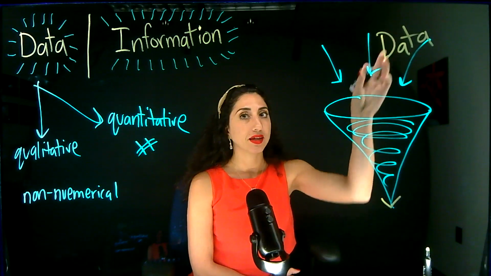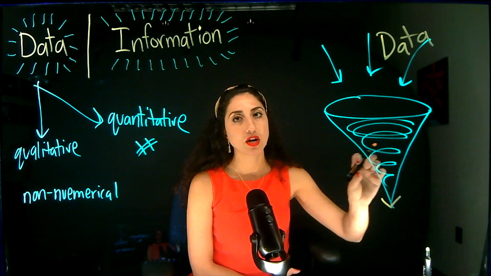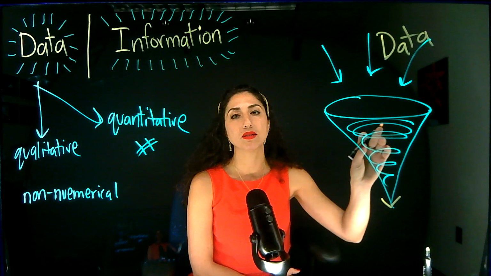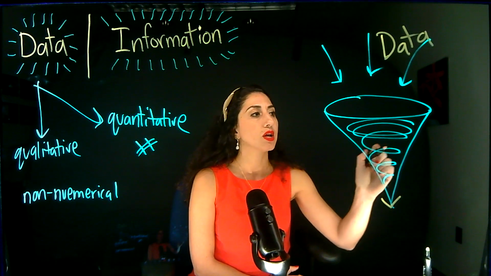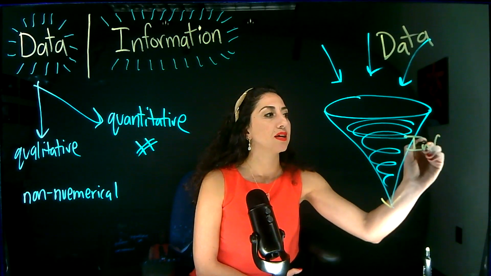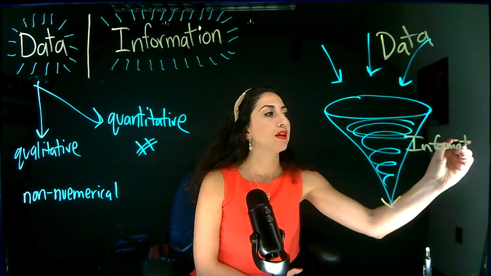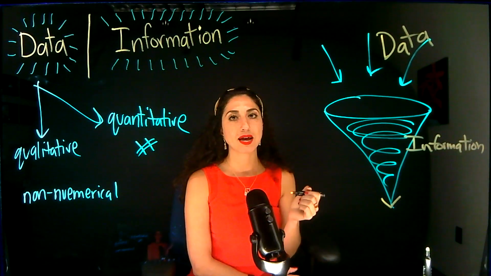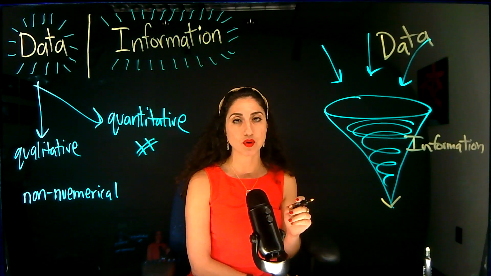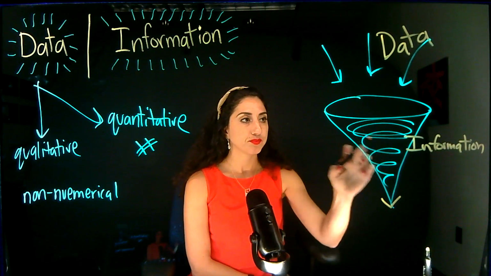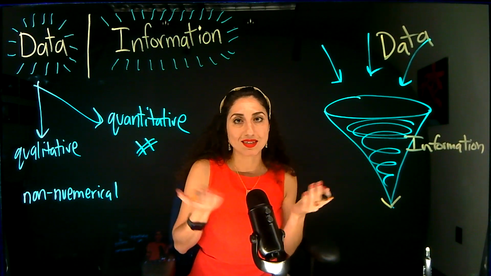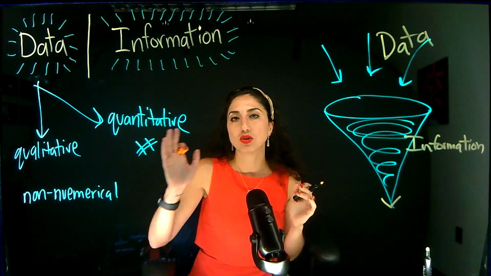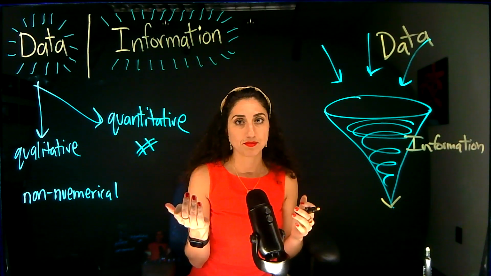The data that gets analyzed or categorized or thought about in some way, grouped together in a way that makes sense given your goals, what you end up with is information. Information is processed data so that the data becomes useful. Without processing, you just have data. And data doesn't serve a purpose. It's just statistics. It's just numerical or non-numerical facts.